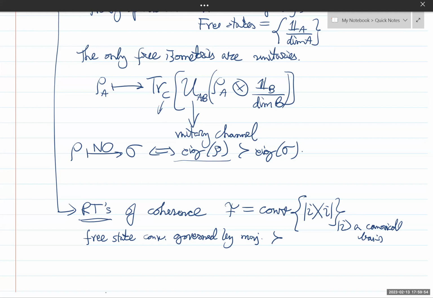And it's very similar to how majorization figures in entanglement theory, because it's essentially the same kind of linear algebra that's playing a role. So hopefully I'll talk in more detail about majorization and the resource theory of coherence in the future.